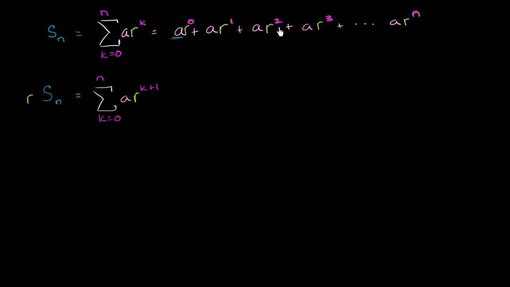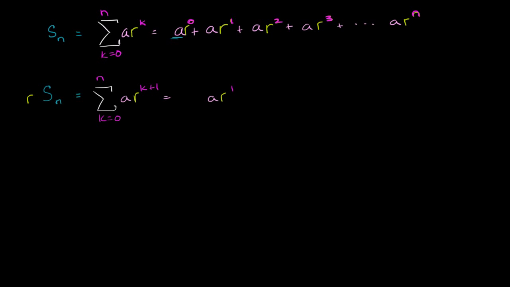Or, and it's a little easier to conceptualize right over here, let's just multiply each of these terms times r. So a times r to the 0 times r is going to be a r to the first power. Let me write that down, a times r to the first power, or just a times r, because obviously r to the first is just r.